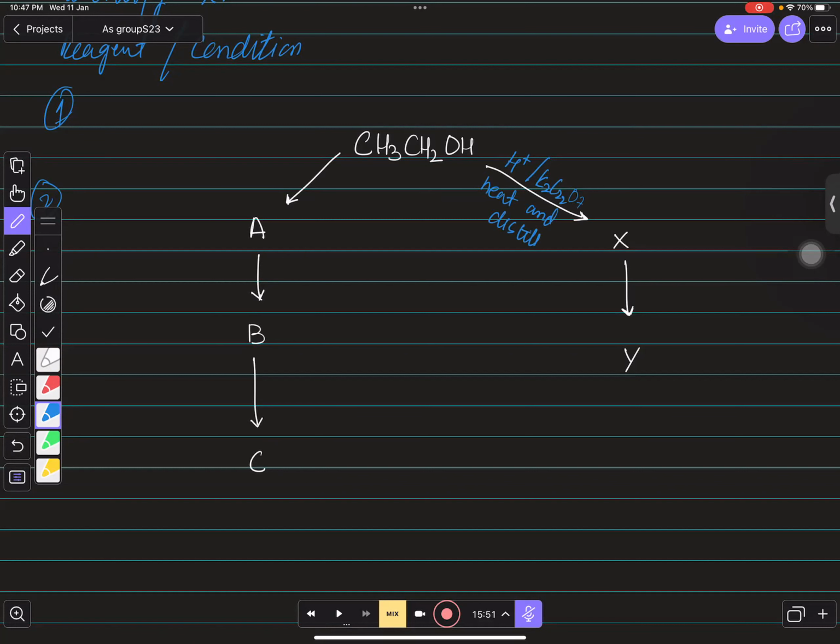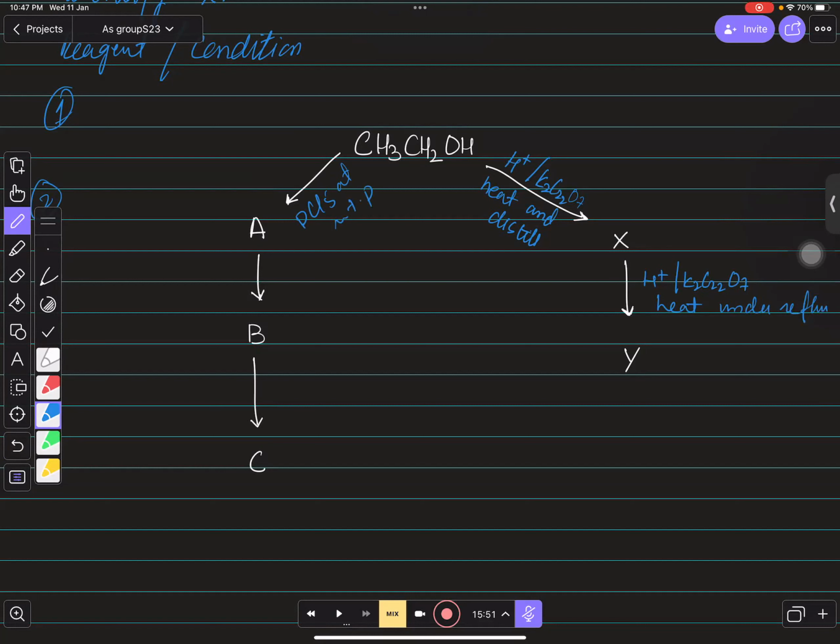And over here, again, I am giving the same condition, but this time I am doing heat under reflux, right? And over here, I am adding, suppose, concentrated H, or suppose PCl5 at room temperature and pressure, right?